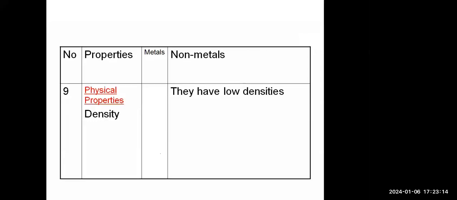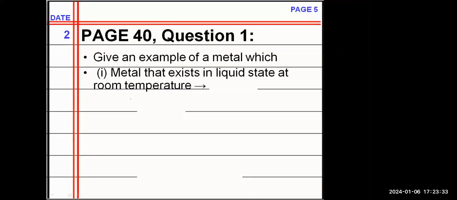This was very easy to understand also because, as I told you, you have already studied them in your previous classes. Now there is a question based on these physical properties. The first one is you have to give an example of a metal which is liquid in state at room temperature.